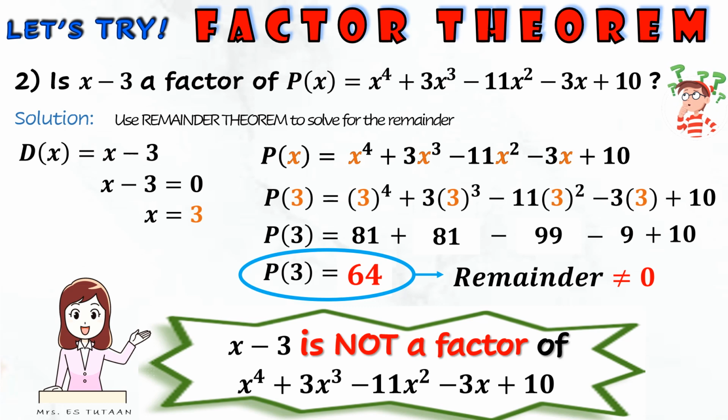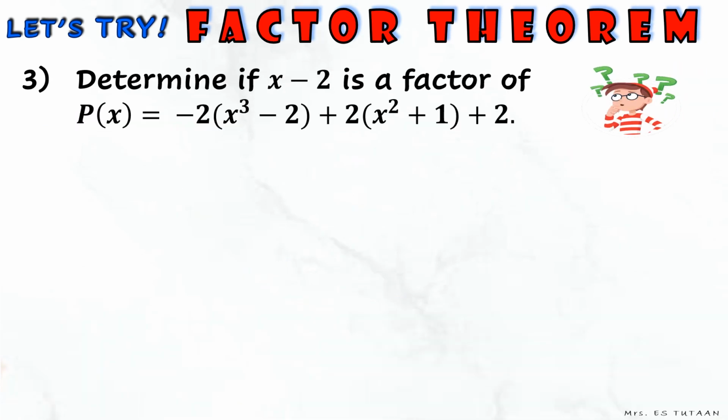Okay, can you still keep up? I hope you are still following. Let's proceed to our problem number 3. Determine if x minus 2 is a factor of p of x equal to negative 2 times the quantity x cubed minus 2 plus 2 times the quantity x squared plus 1 plus 2.